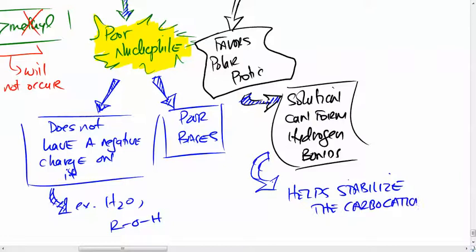Cool. You okay with this? So the hydrogen bonds are going to help to stabilize this carbocation. This is why it's favorable.